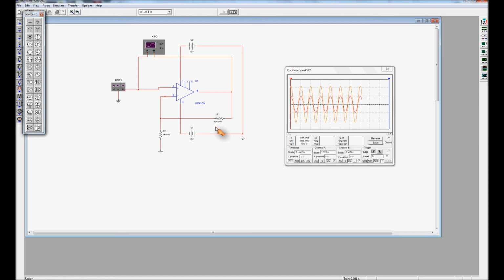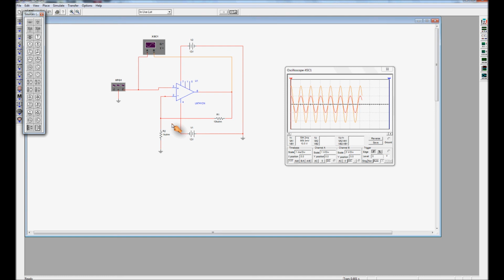Because I've made R1 10 times bigger than R2, the voltage drop across R1 must be 10 times bigger than the voltage drop across R2. Therefore, we have a gain of 10.